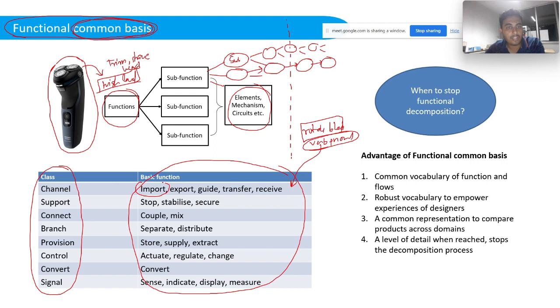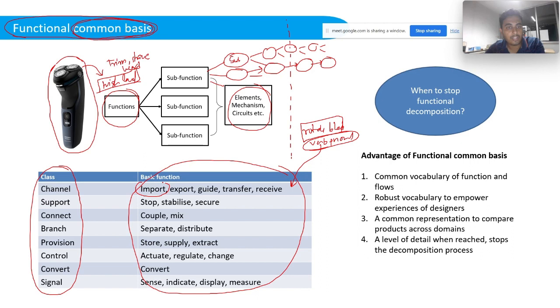First verb was grind, here it will be trim. But at the end, everything comes down to something like rotate blades or convert. So this particular basis function constitutes something very common to all sort of products. So that's the reason why we have something common across different products. Understood?